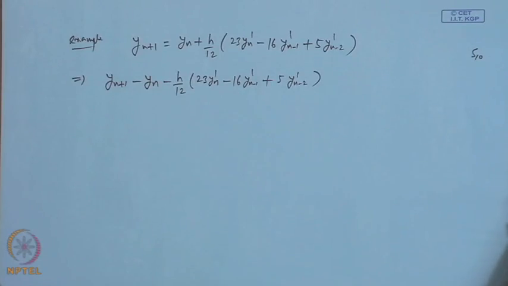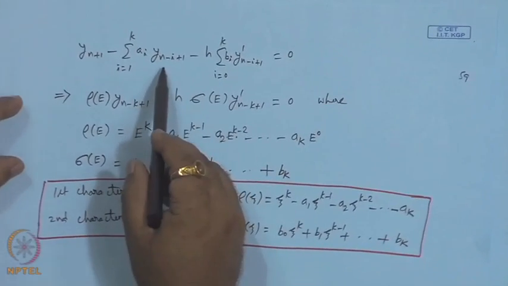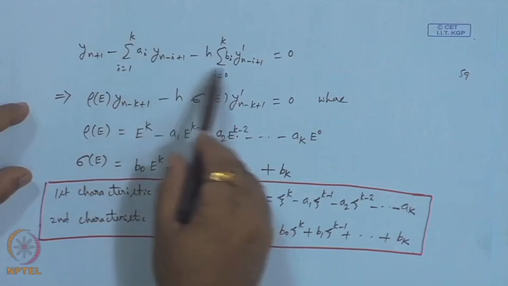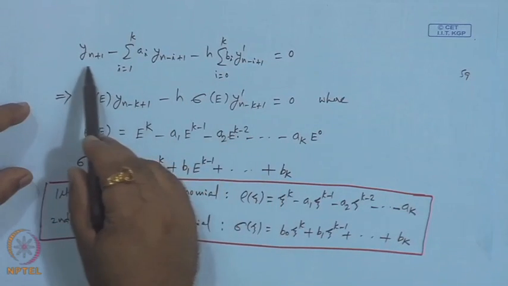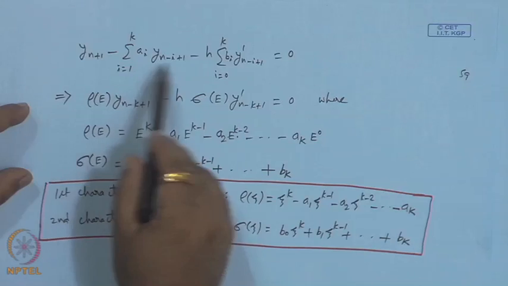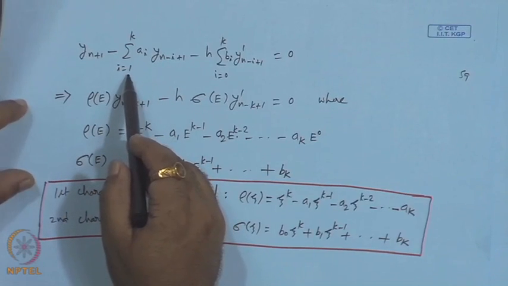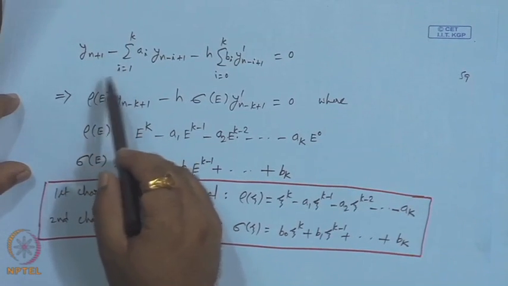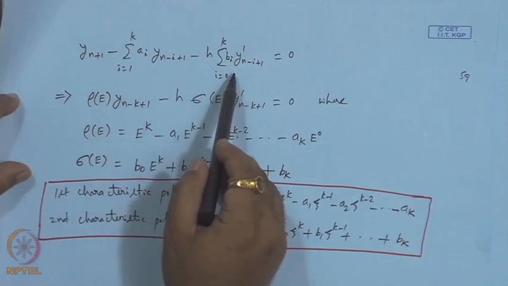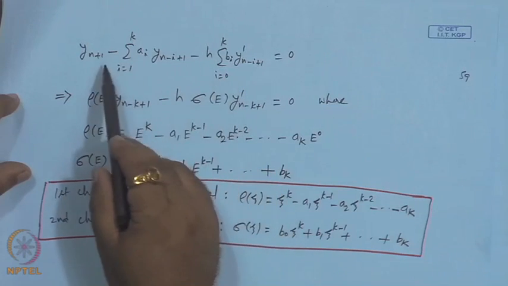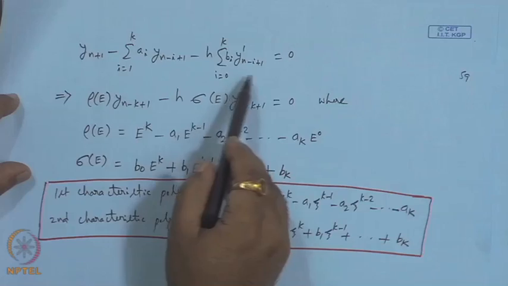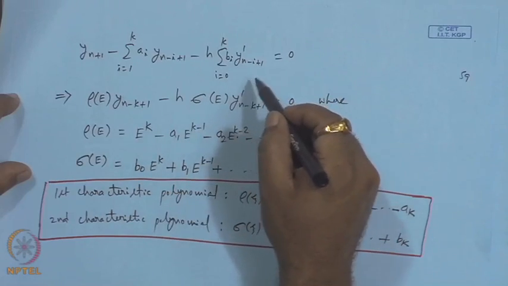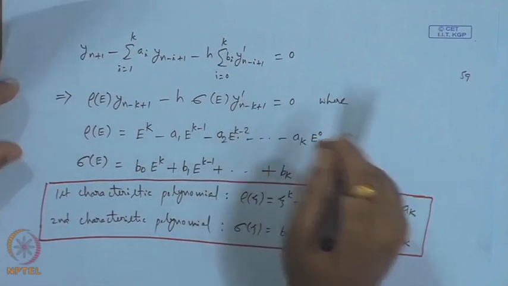So, if you recall, the number of terms here, if you include this as well in the summation, then i starts from 0. Okay. So, where a0 is 1. So, that means essentially we have k plus 1 terms here, k plus 1 terms here. Okay. That means k plus 1 terms at the grid points and k plus 1 terms for the derivatives at the grid points. Okay. So, we must always compare with this.